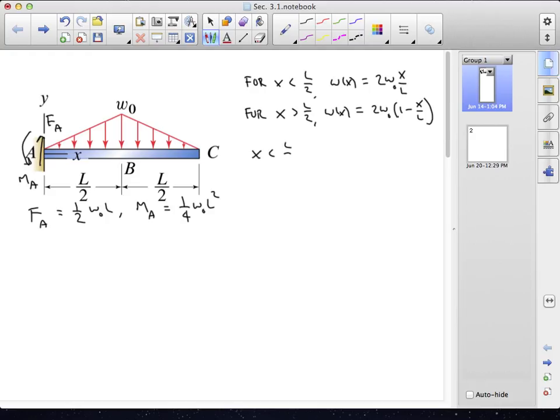For x less than L over 2, we're beginning from x equals 0, so xp will be 0. Vp will be plus Fa, which will be 1/2 W0L. And then Mp is minus Ma. Again, this difference is because of the difference in sign convention between shear force and bending moment. And this is minus Ma, or minus 1/4 W0L squared.